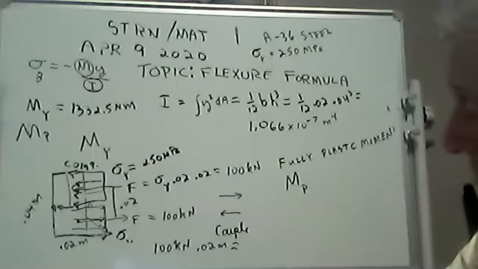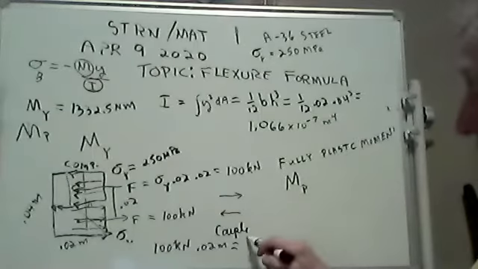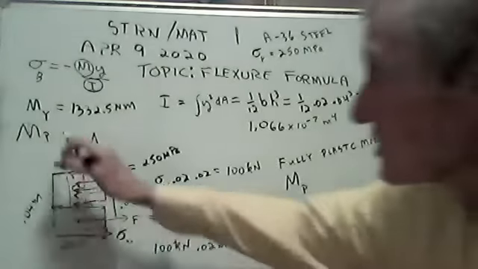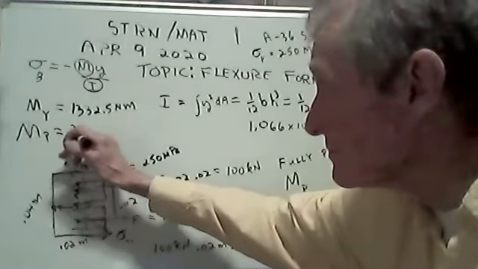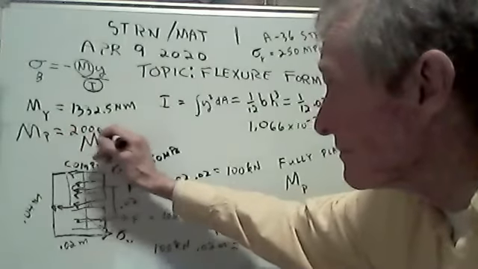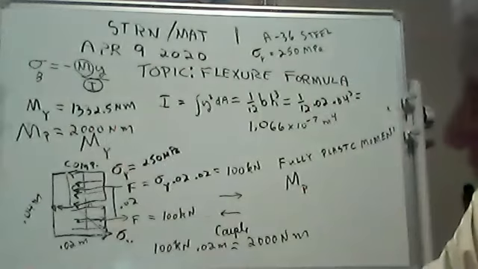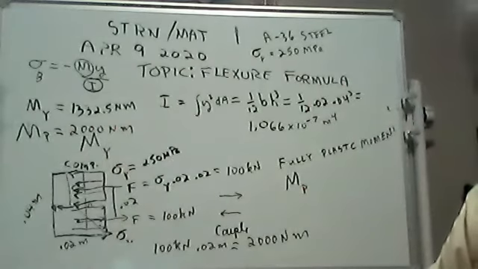I could almost do that in my head, but it's dangerous. So let me do it on my calculator. Do you get 2,000 Newton meters? We have just figured out the fully plastic moment. If you reach 2,000 Newton meters, your beam collapses if it's A36 steel.